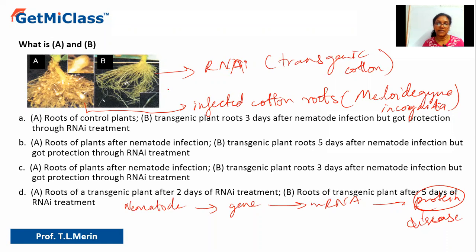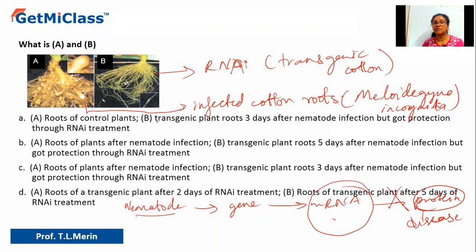Now, in the second case, to avoid this disease, we have stopped the production of the protein. How did we stop it? By silencing the mRNA of the nematode. How is that possible?